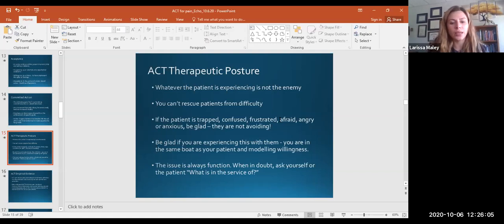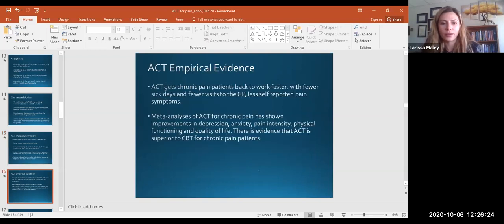It's not so much labeling it as that, it's more asking, is this behavior, is this thought in the service of what's important to you? And I don't label what's important to you. You label what's important to you. So you can always break down what they're bringing and say, what is this actually in the service of? Because if it's in the service of avoidance, then that's not helpful in the long run.